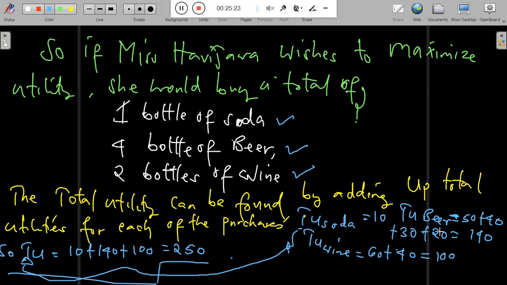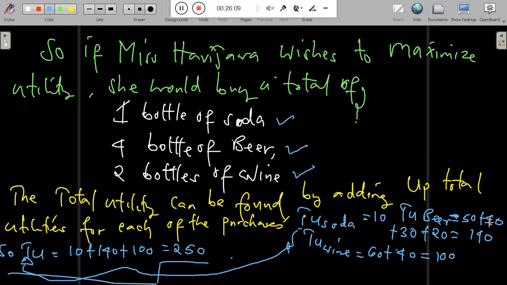Mr. Vijaya, who wishes to maximize utility, should buy a total of 1 bottle of soda, 4 bottles of beer, and 2 bottles of wine. The total utility can be found by adding up the total utilities for each purchase: utility of soda, utility of beer, and utility of wine. It will give you 10 plus 140 plus 100, which is equal to 250, as you can observe.